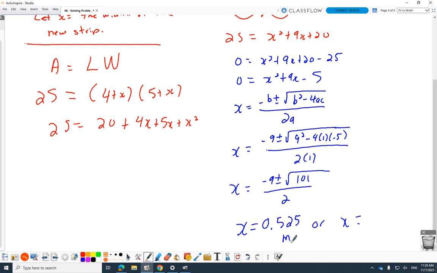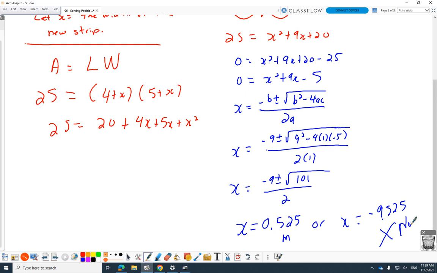Or x equals -9 minus square root 101, equals, divided by 2, -9.52. Huh? We're adding on a piece and it says subtract a piece? I'll talk about that in a minute. For us, no. We were supposed to be adding pieces.